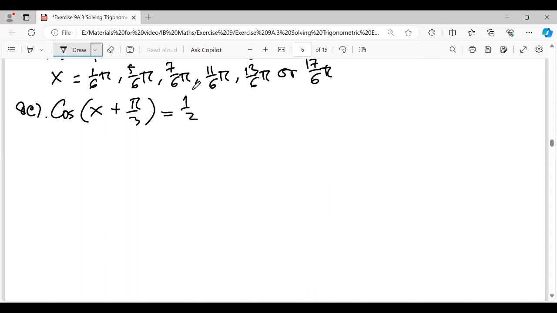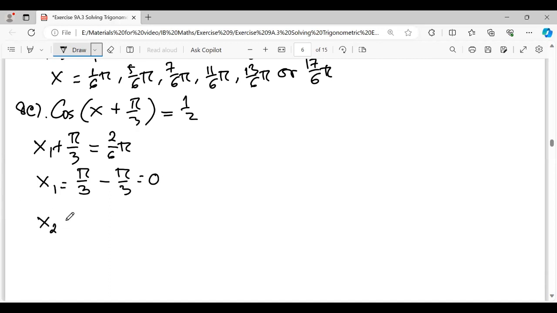It means x1 plus pi third equals pi over 3. So x1 equals pi over 3 minus pi over 3 equals 0.